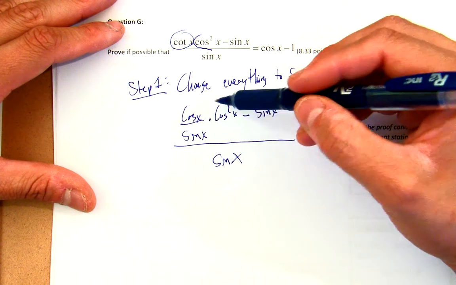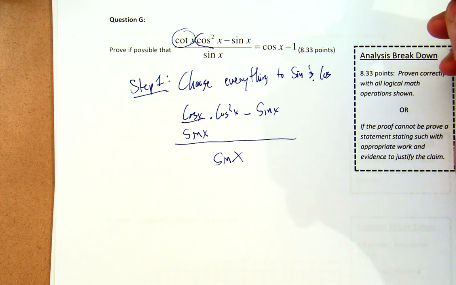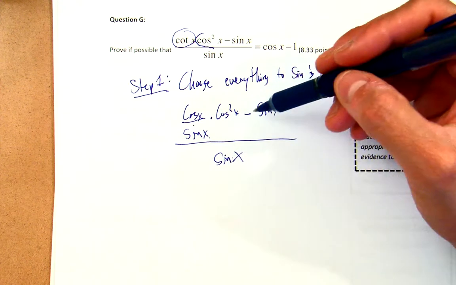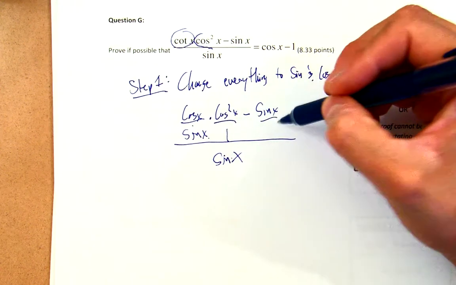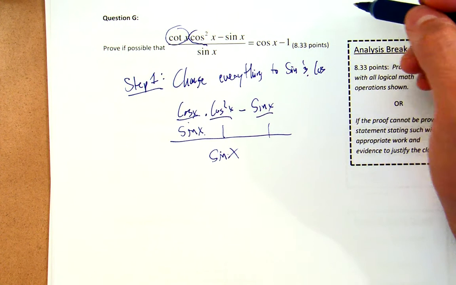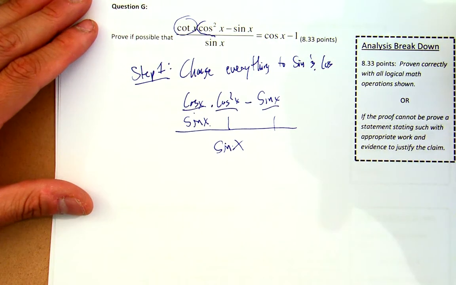So when I change everything to sine and cosine, does anything cancel out? Let's check. Does anything cancel? The sine, someone said. Can I cancel these here? No, right? This is all over 1 here, right? So what happens if we multiply it out? Should we try multiplying?